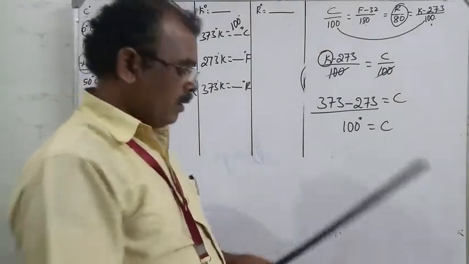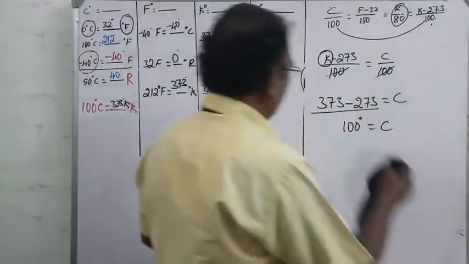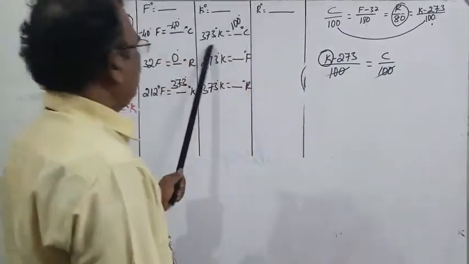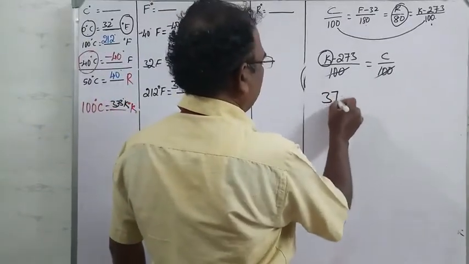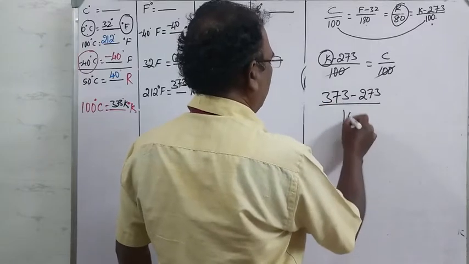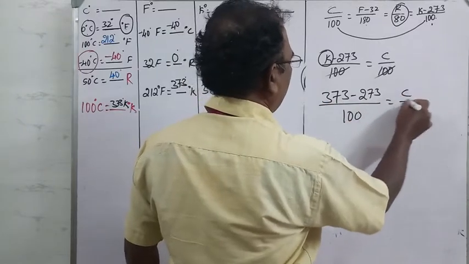If you do not understand, I will write one more step. What is the value of K here? 373 minus 273 divided by 100 is equal to C by 100.